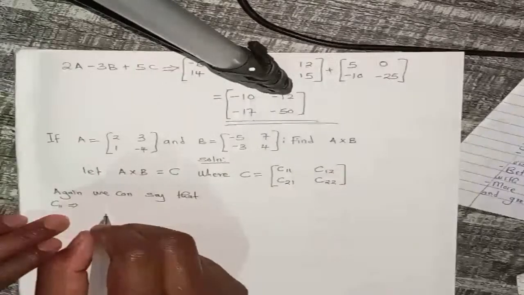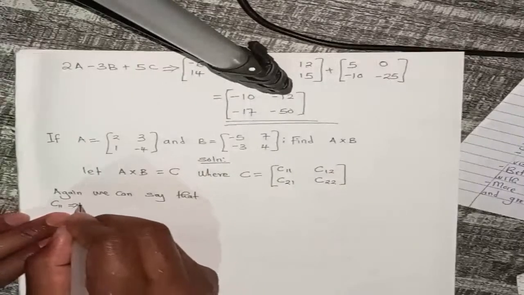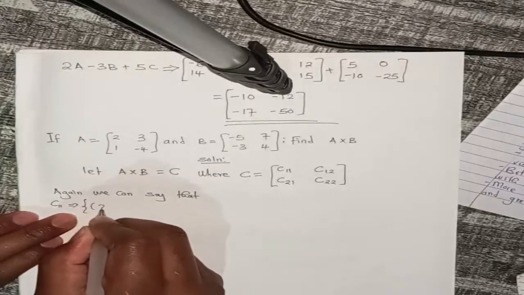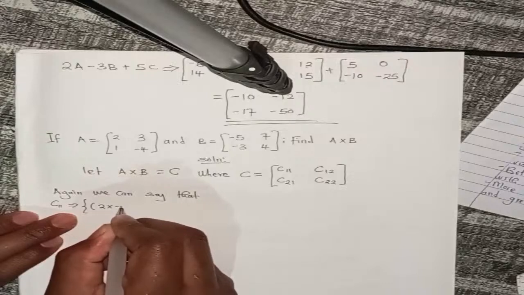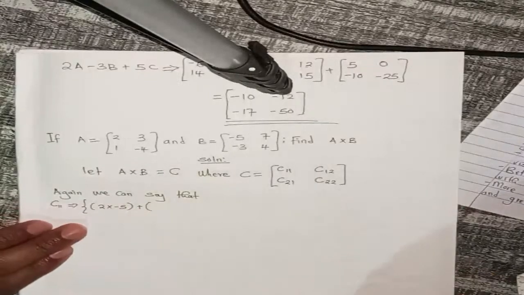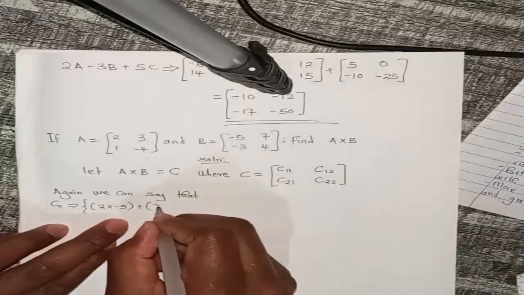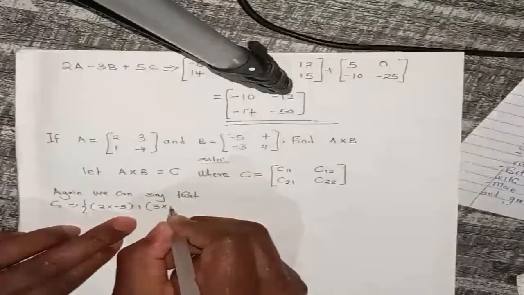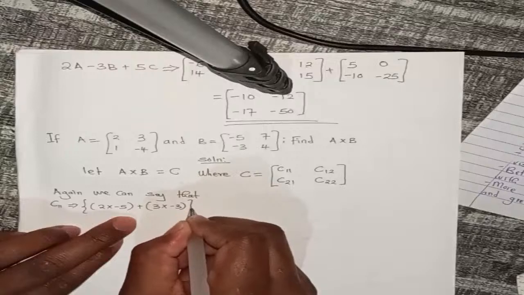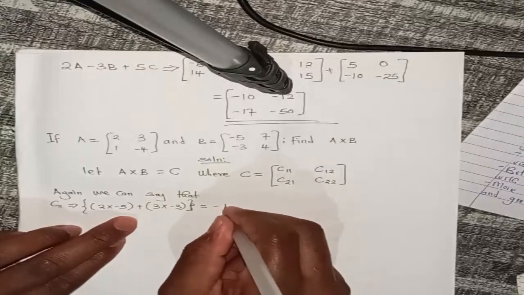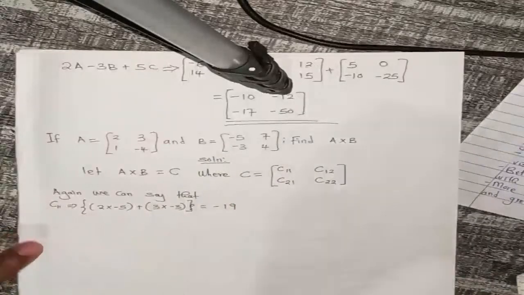So therefore C11 is equivalent to 2 multiplied by negative 5 plus 3 multiplied by negative 3, and this is equivalent to minus 19.